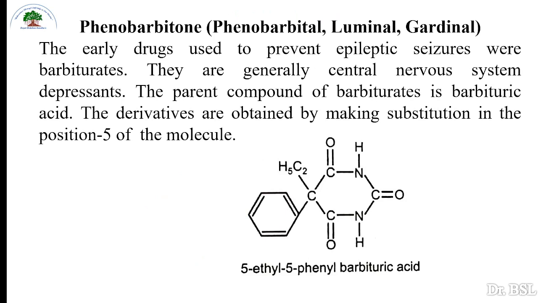So the first CNS drug is phenobarbital. It is also known as phenobarbitone, Luminal, Gardenal. The early drugs used to prevent epileptic seizures were barbiturates, and these barbiturates are generally central nervous system depressants.